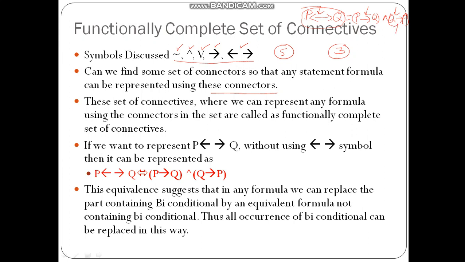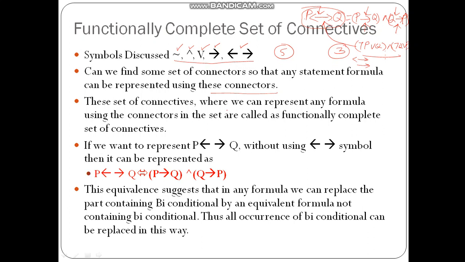If conditional is not available with me, I will convert it again: not P or Q and not Q or P, something like this. So we can go on using different sets of connectors. Now here I don't require the biconditional connector, I don't require the conditional connector, but still I can represent this biconditional.